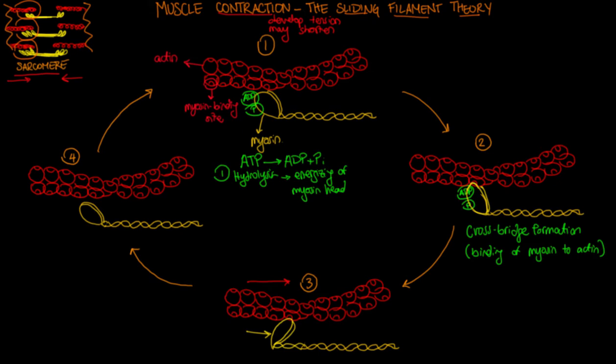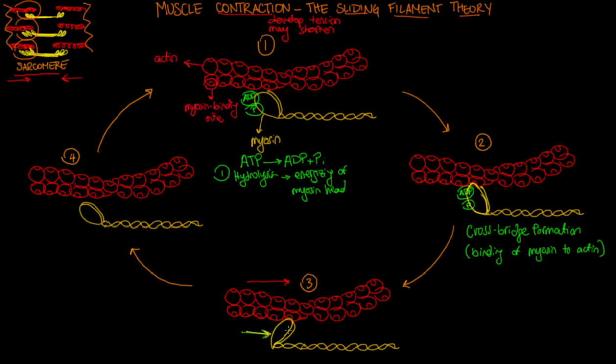Now let's move on. So step number 3, right around here, what you'll notice is that these arrows are indicating a specific movement. And so when we say sliding filament theory, it is referring to this movement because what happens is that the myosin head is now able to bend and move actin with it.